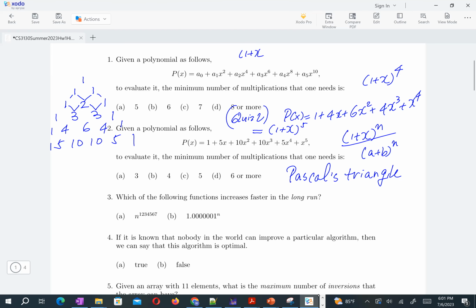1 plus x squared, that's 1 multiplication, right? We do 1 multiplication, we get 1 plus x, whole thing squared. Then next, because we already have the answer for 1 plus x squared, when we move to the 4th power, can we take another square on 1 plus x squared?